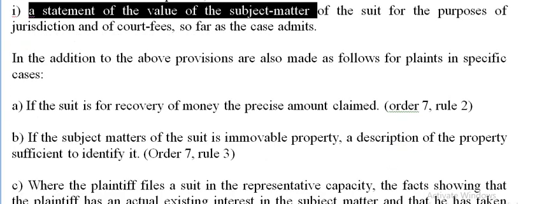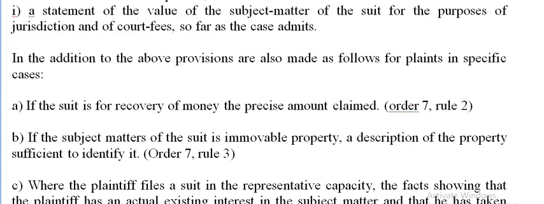Now we will discuss some other rules. In addition to the above, provisions are also made as follows for the plaintiff in specific cases. What we have discussed before was under Order 7 Rule 1, and now we are going to discuss Rule 2 onwards.